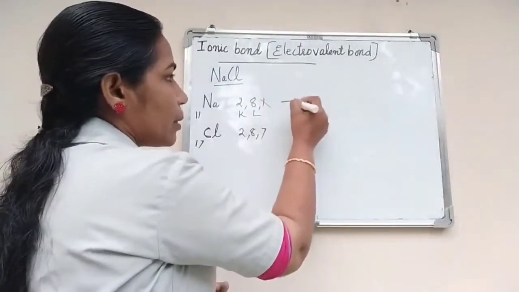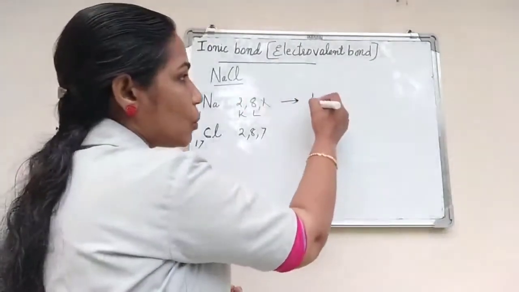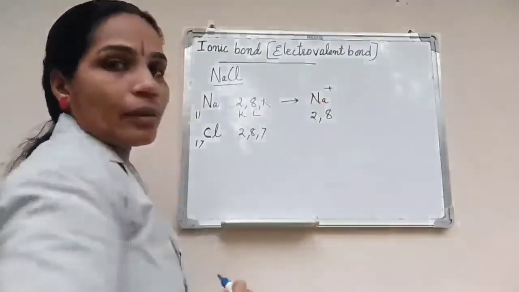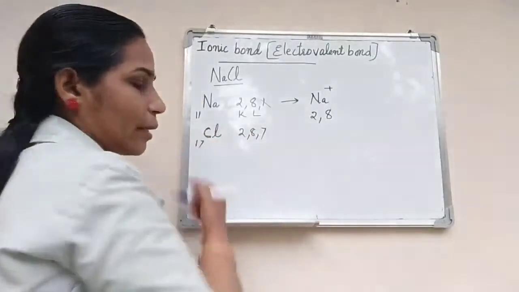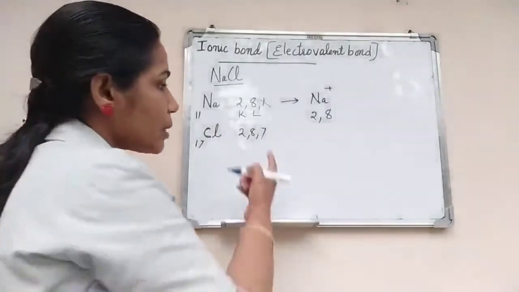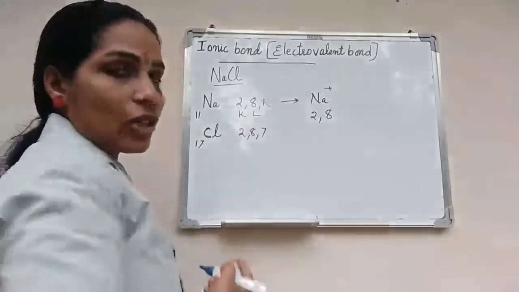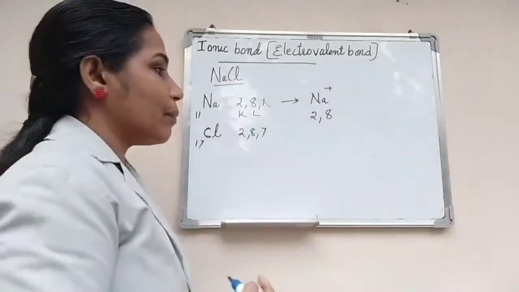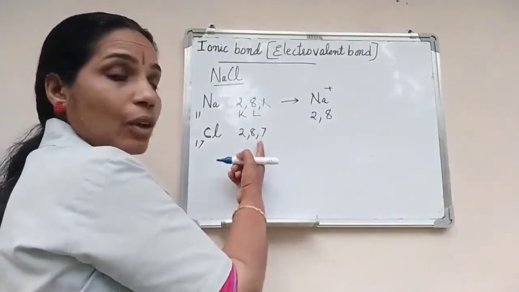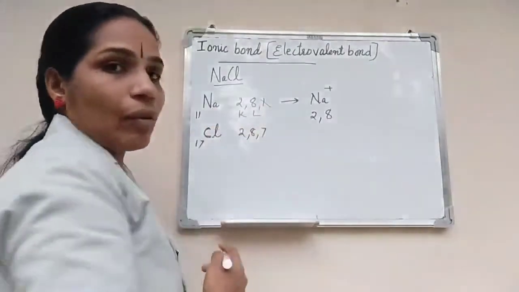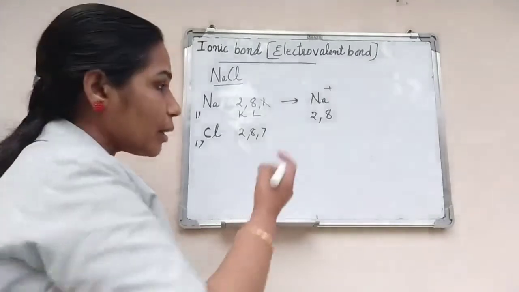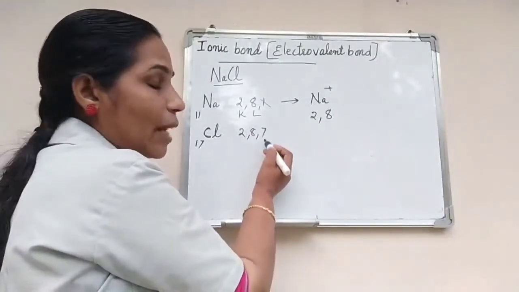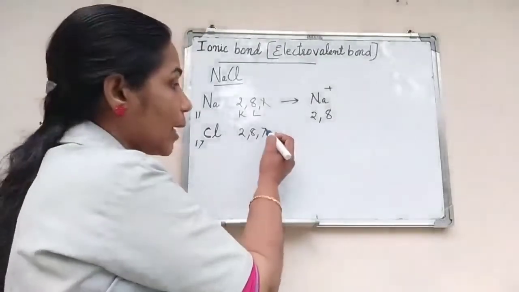Then sodium changes to sodium ion. In the case of chlorine, there are 7 electrons in the valence shell. The number of valence electrons is 7. If chlorine gains 1 electron, what happens? The number of valence electrons becomes 8.